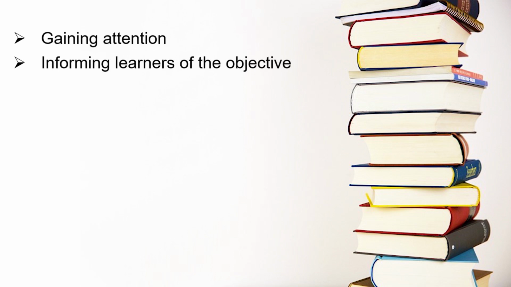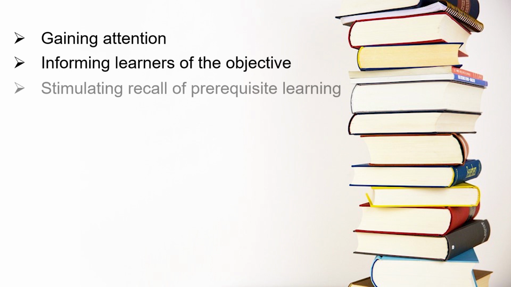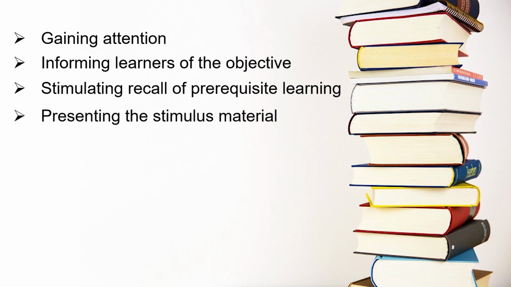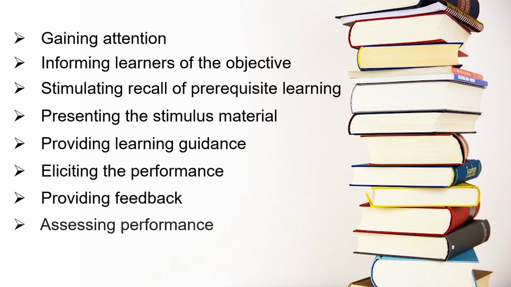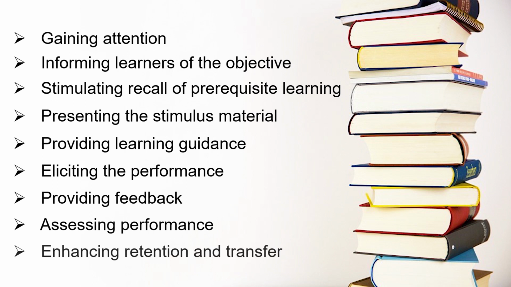In that we can see gaining attention, informing learners of the objective, stimulating recall of prerequisite learning, presenting the stimulus material, providing learning guidance, eliciting the performance, providing feedback, assessing performance, enhancing retention and transfer. So these are the 9 events of instruction.